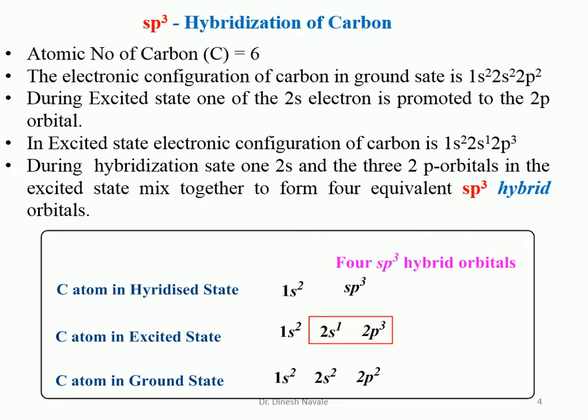As we are discussing sp3 hybridization, one 2s orbital and three 2p orbitals are mixed together, giving the formation of sp3 hybridized orbitals as the 2s and 2p orbitals are combined. In total, four equivalent sp3 hybridized orbitals are formed.